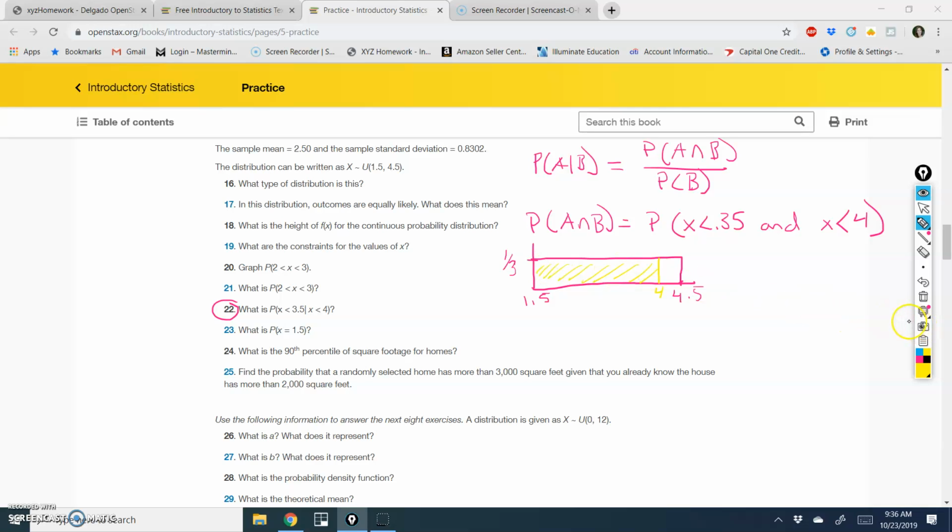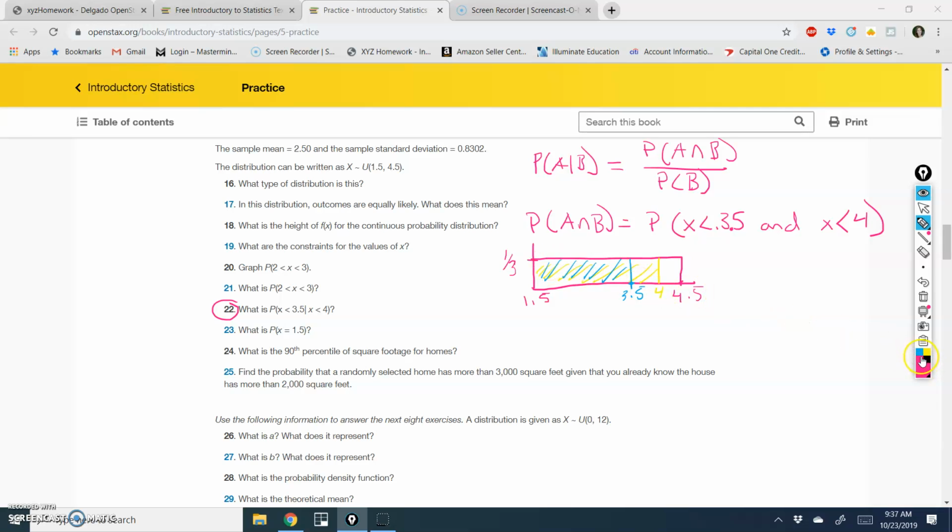The probability that x is less than 3.5, ignore the decimal in front, is the blue.